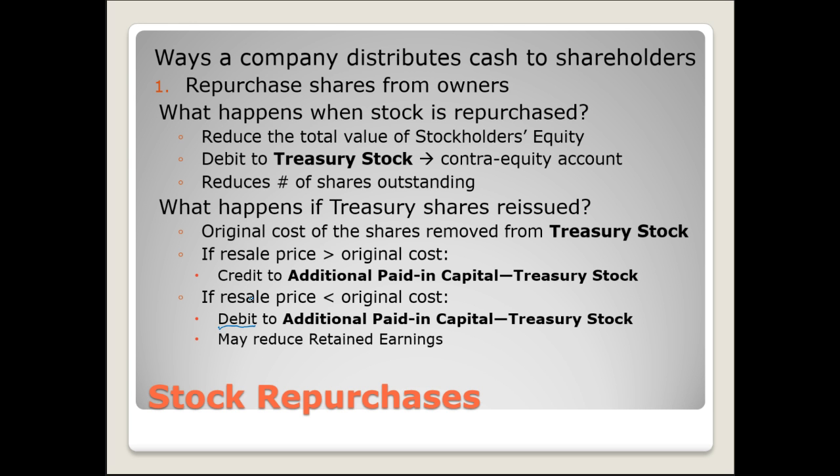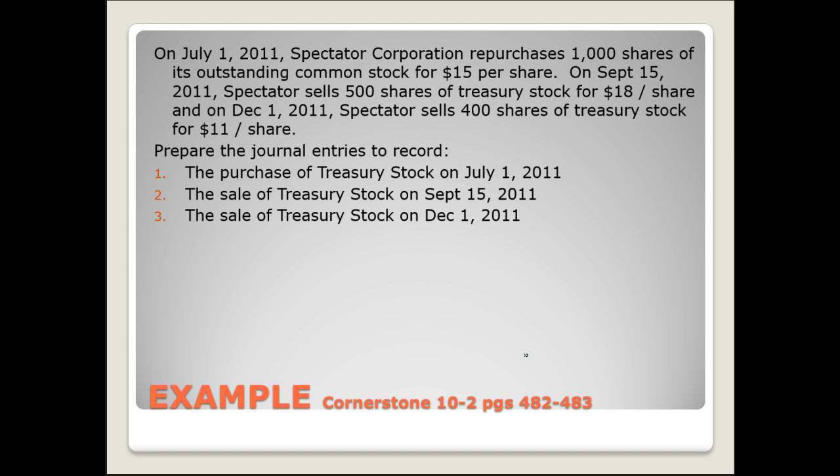All in all, when treasury shares are reissued, it should increase the number of shares that are now outstanding in the public. Again, you had repurchased up here, meaning you as a company removed shares from the public holdings. But when you resell treasury shares, you put those shares back into the public, so you're going to increase the number of shares outstanding. Let's look at an example.